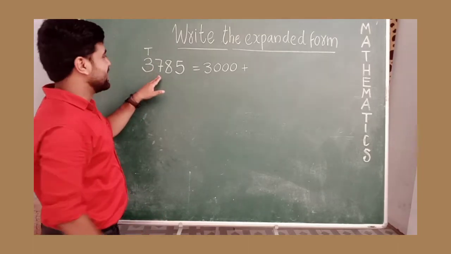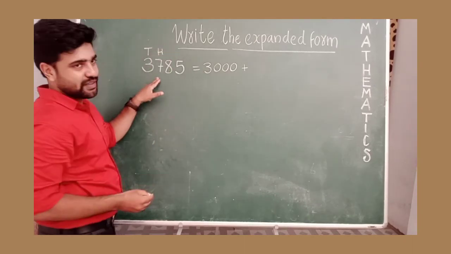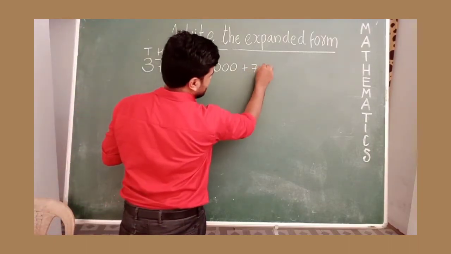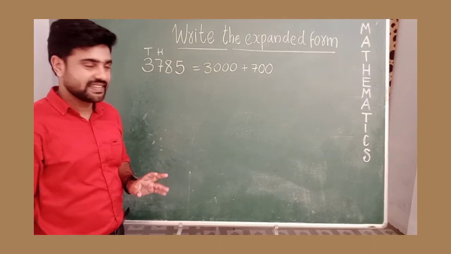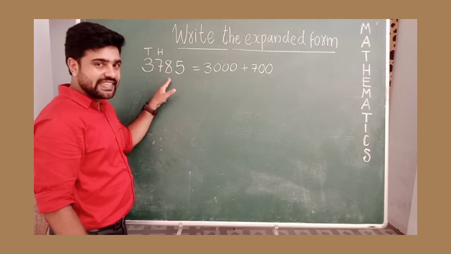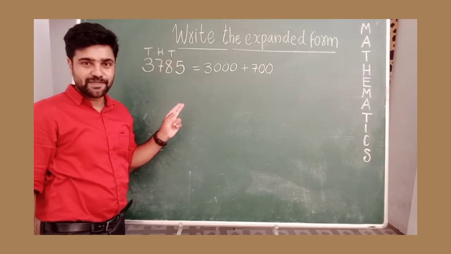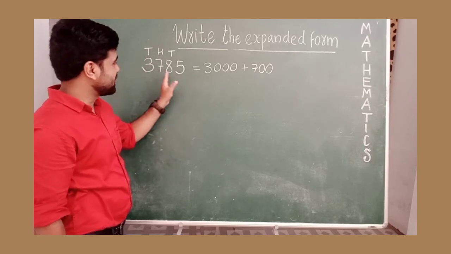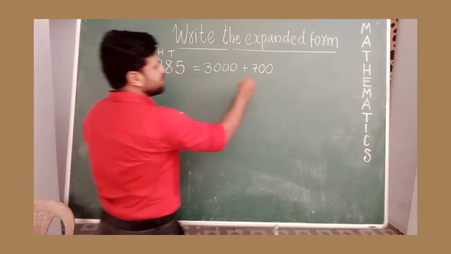It is 7. 7 is in hundreds place. So the place value of 7 is 700. The next number is 8 and 8 is in tens place.